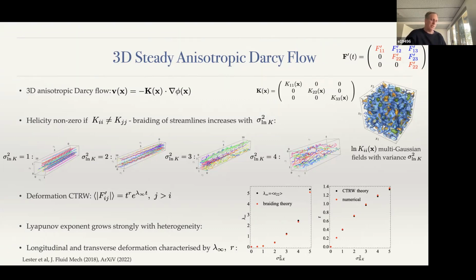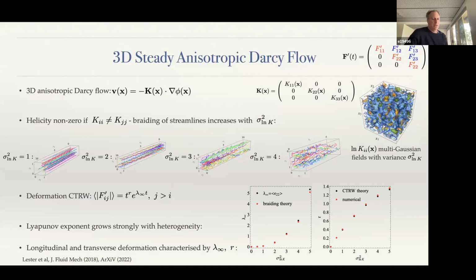Now, this is very different to what we saw on the previous slide, where even for very heterogeneous flows, no matter how heterogeneous, they were still non-mixing and non-braiding flows because of their non-helical nature. Now these flows have helicity throughout, and that allows the streamlines to braid, and so we can see complex mixing behavior.